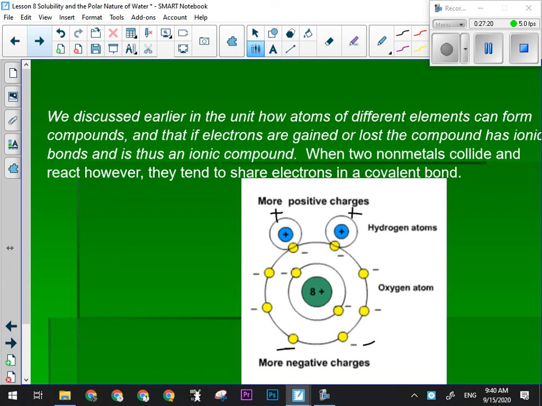No. So if there are other water molecules around, they can get attracted to the other parts of other water molecules. So if there's another water molecule right here, its negative end or pole can be attracted to the positive pole of another water molecule. And they can actually form a weak hydrogen bond between the two.